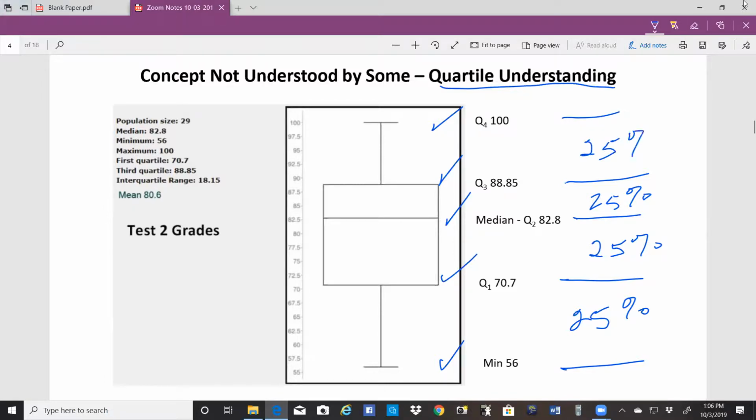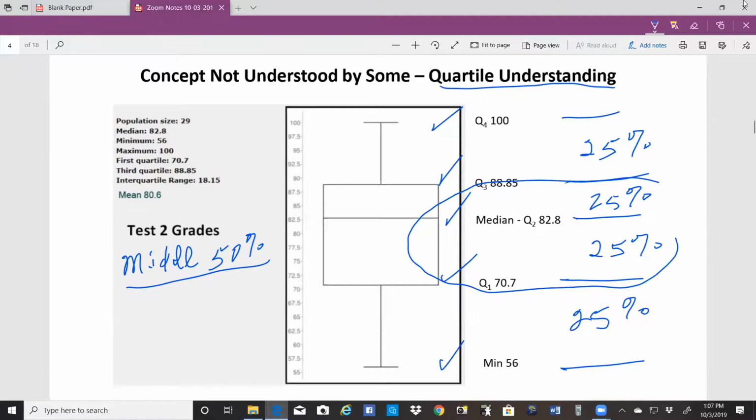And then the next quartile is 25%. Now there were some questions on the test, like the middle 50%, and a number of students, although I would say the great majority got this one right, but the middle 50% were people who, say, scored, at least in this example, between 70.7 and 88.5.